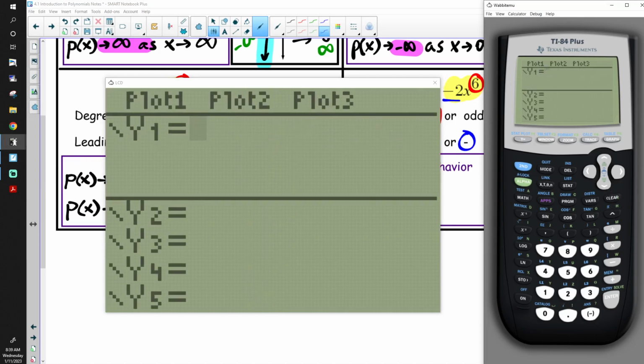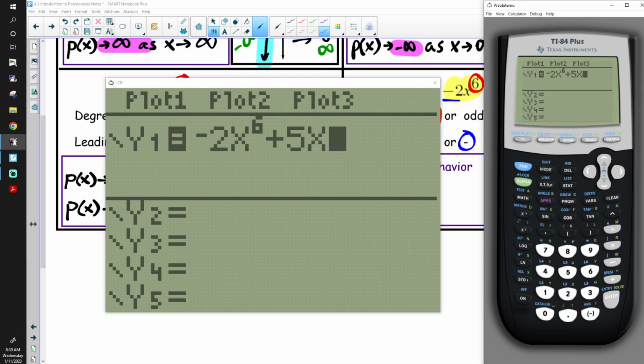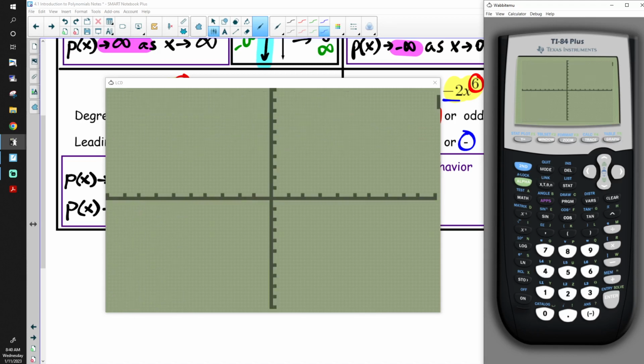Clear out your old one. Let's type in our last one. Ooh, to the 6th power. Negative 2x to the power of 6 plus 5x squared plus 2x plus 4. Do your graph.